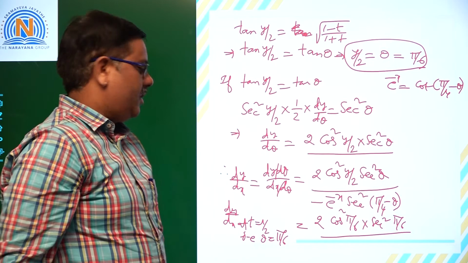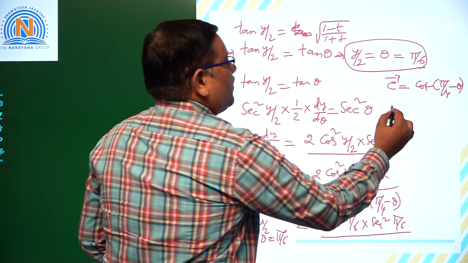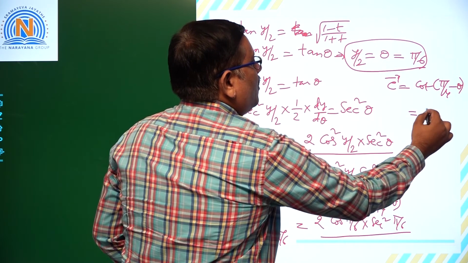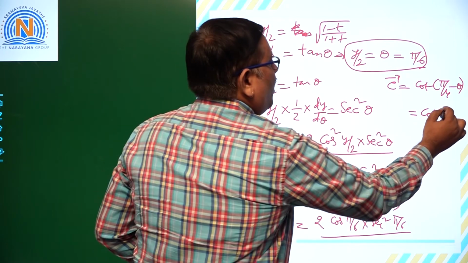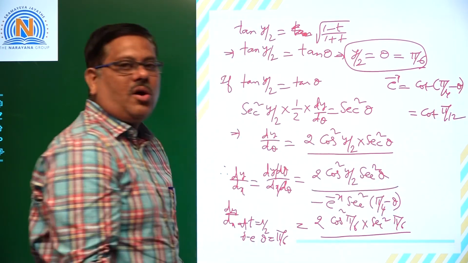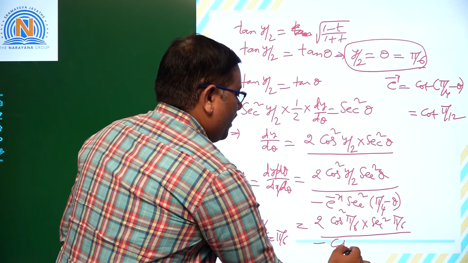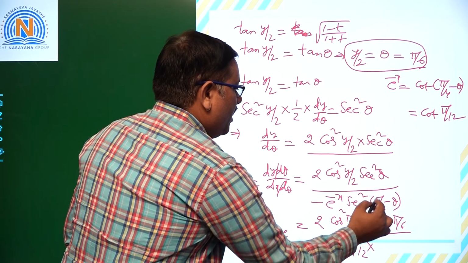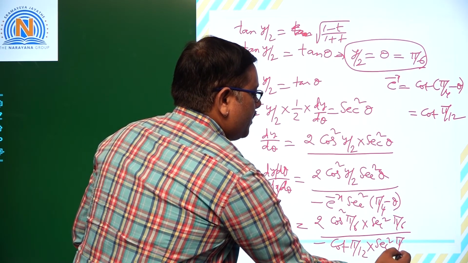If theta is pi by 6, that becomes cot of pi by 4 minus pi by 6, which is nothing but cot pi by 12. So here the value becomes minus cot pi by 12 into secant square pi by 12, because again theta is pi by 6.